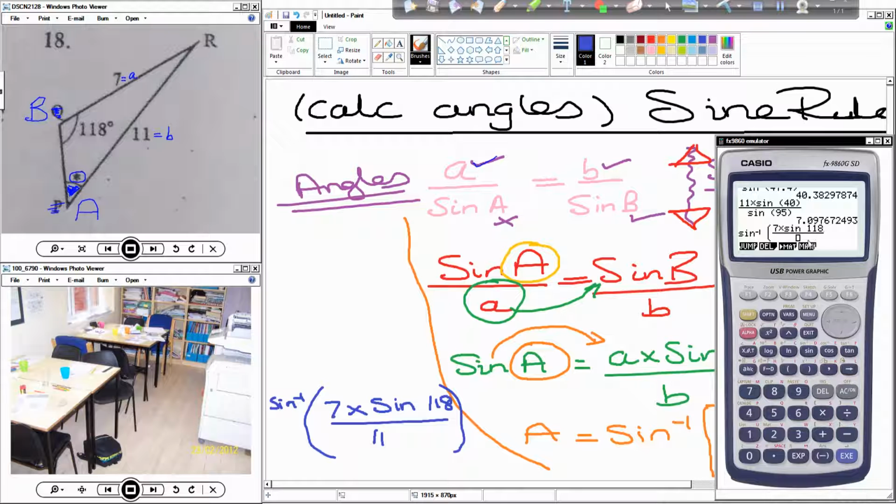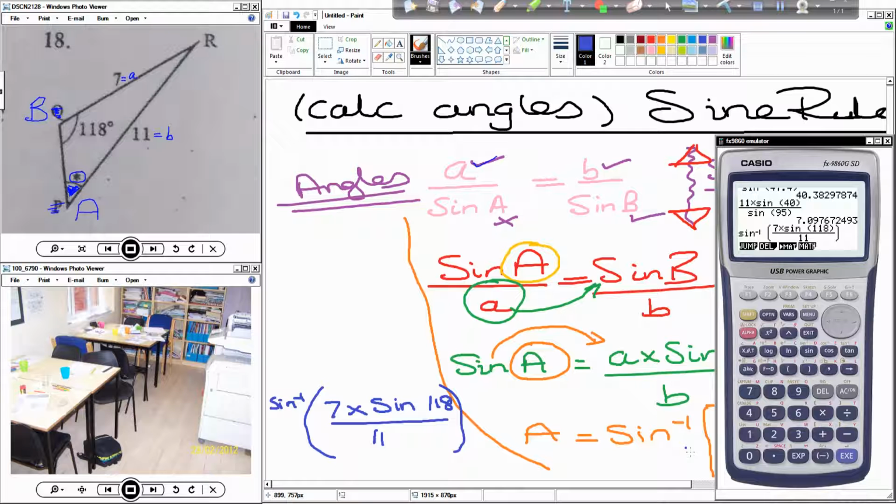Some of you will have brackets on your calculator, so I'll make it look like the way you will have it. Bring the replay down to the bottom. And what goes on the bottom? 11, replay back up, and close the brackets. So you should have exactly that on your calculator display.